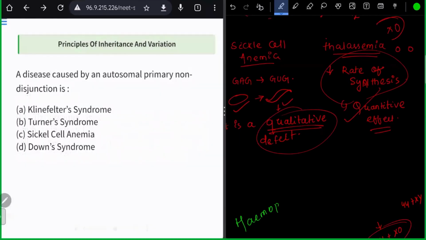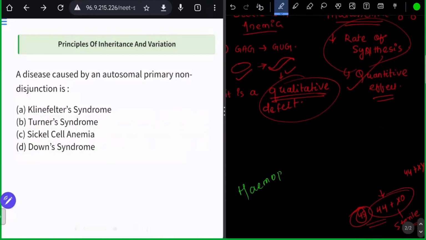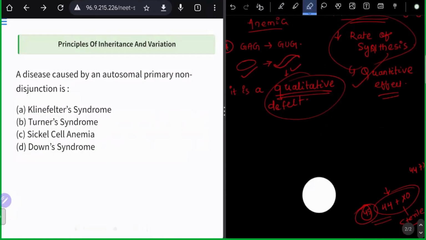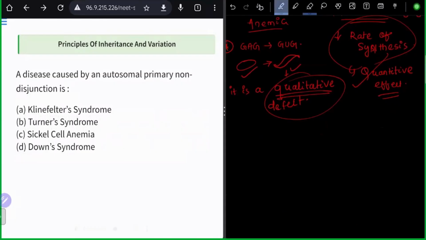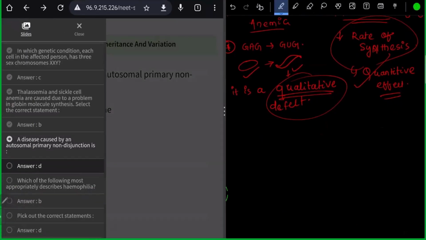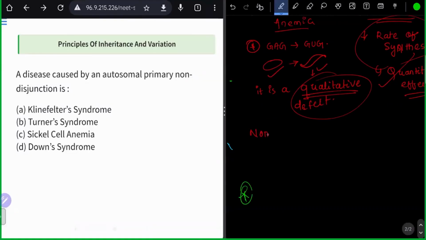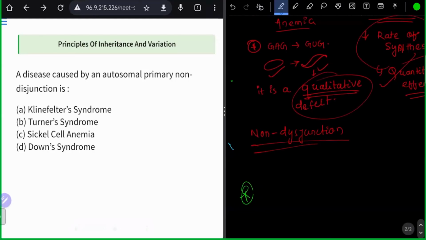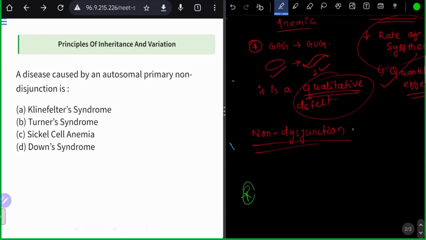Okay. So next question is a disease caused by autosomal primary non-disjunction. We know what non-disjunction is. It is a genetic phenomenon in which the chromosome fails to separate.